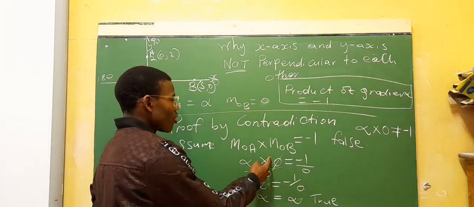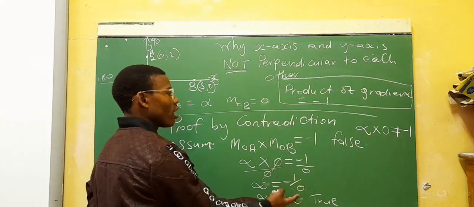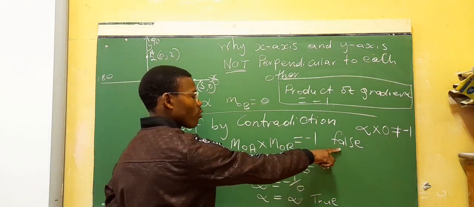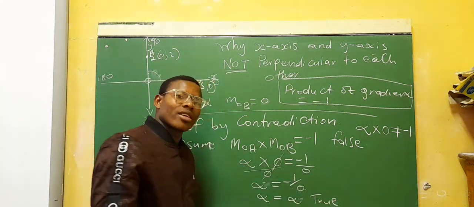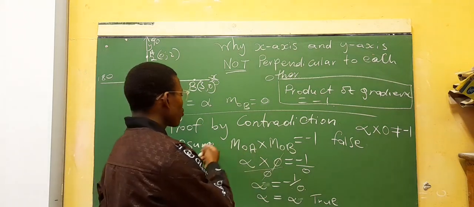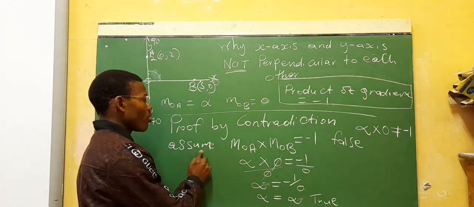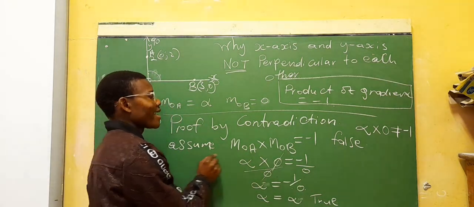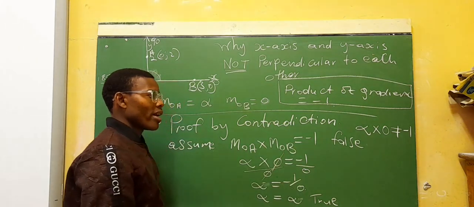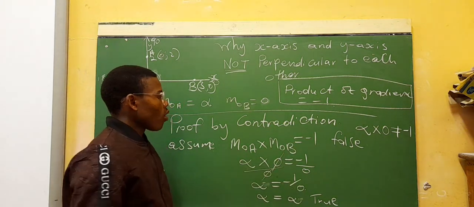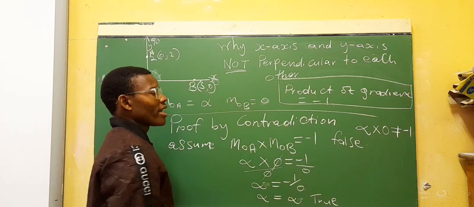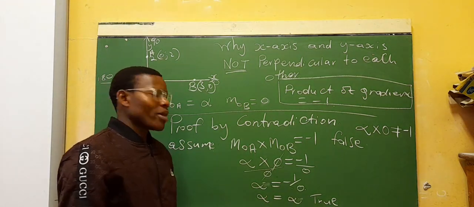So this implies that whatever we were calculating that was false, this true result is regarded as false, because a false assumption can never lead us to a true statement.